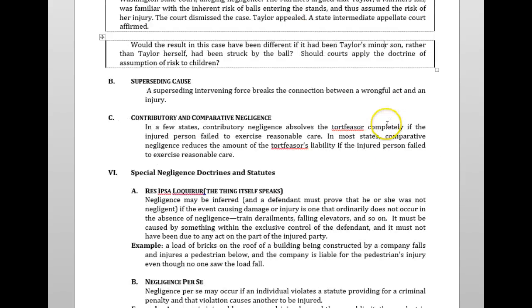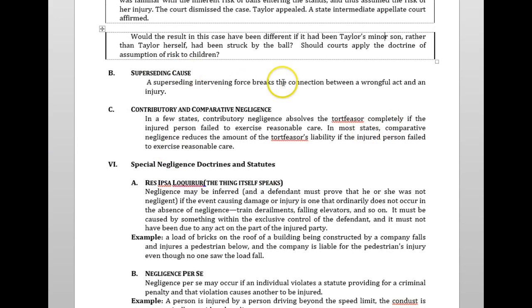That's one defense. A superseding cause is, well, let's see, an example. I think this may have been in the book. A lady was on a bicycle, got hit by a car, and fell down on the sidewalk. While she was lying there injured, the house next to her blew up and she was burnt terribly from it. Who was liable for the burns?